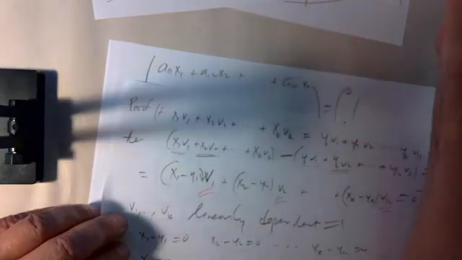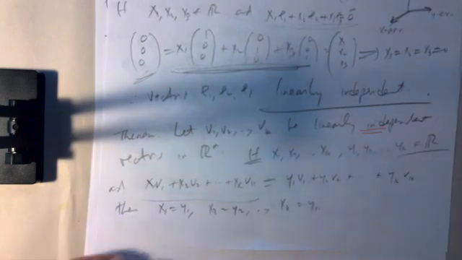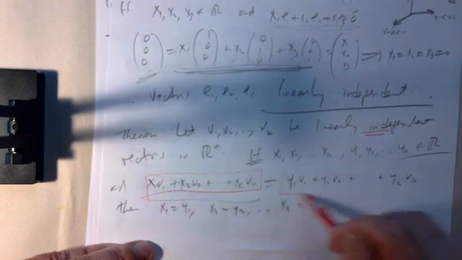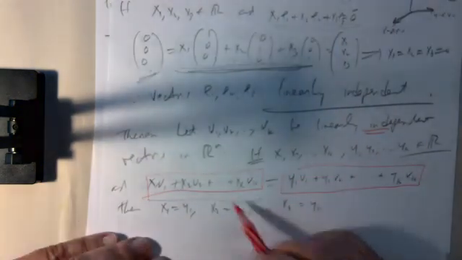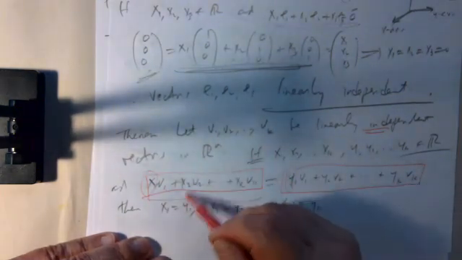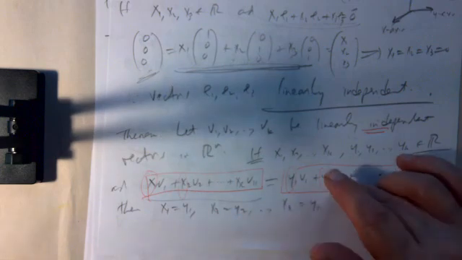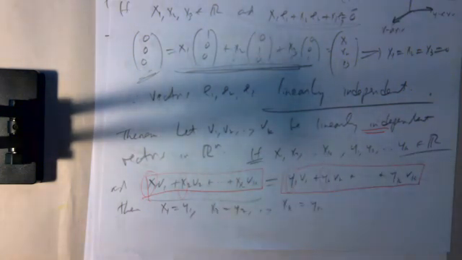The theorem said that if you have linearly independent vectors, and if one linear combination equals another linear combination, that only can happen if the numbers are the same. X1 is Y1, X2 has to equal Y2, and so forth. I proved that by subtracting this vector from this and getting a linear combination of the vectors equal to 0.